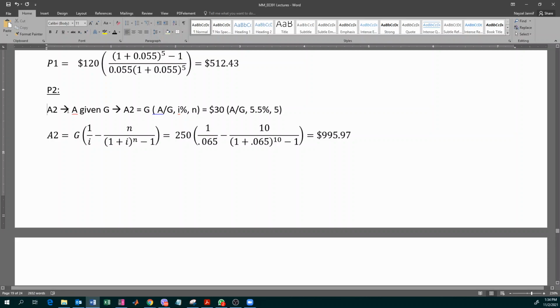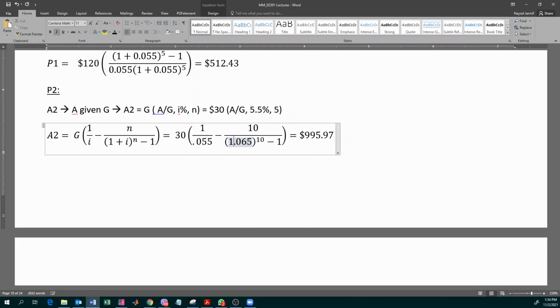So we first find what our A2 is. We use the A given G formula. Our A2 is that, so this is 30, 0.55, this is 5, that is 5. What do we get, guys? What is our A2 over here? Anybody found A2?